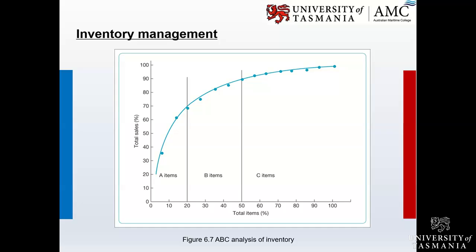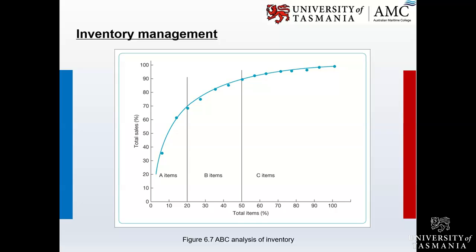So 30% of items contribute about 20% of sales. The rest of the items are C items.